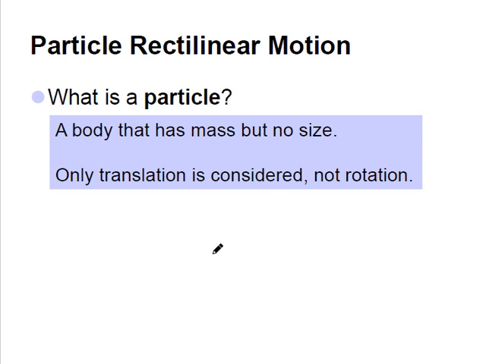So imagine a small point, yeah, that represents an object's mass, like a marble or even a planet. Except we're not worried about how big it is or what shape it has. Okay, all we care about is how it moves. So a particle can only translate, all right?